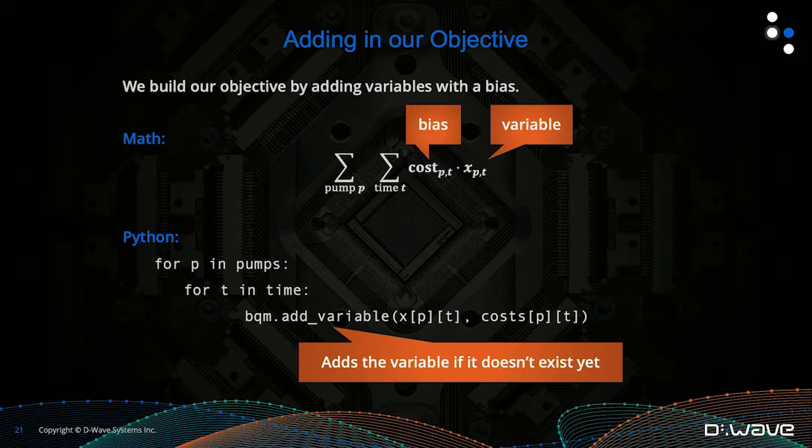And then we're just going to add these variables in one by one: bqm.add_variable, and we're adding this binary variable x_pt, and the bias is this cost_pt. Now what this add_variable function does is it adds the variable if it doesn't yet exist in your BQM. If it does exist, it's going to add the bias to what's already there. So we're just iteratively building up our BQM.